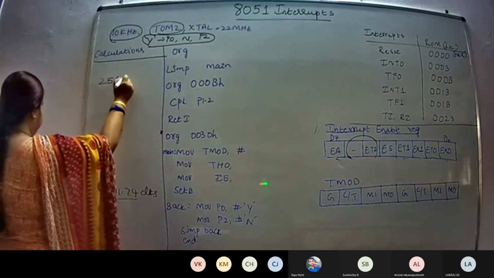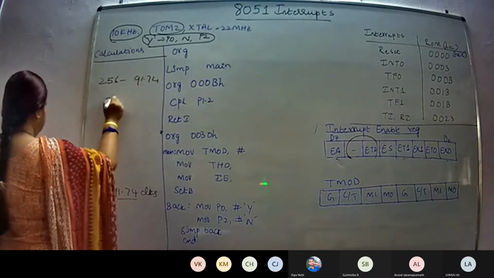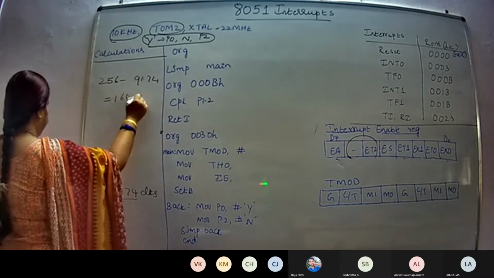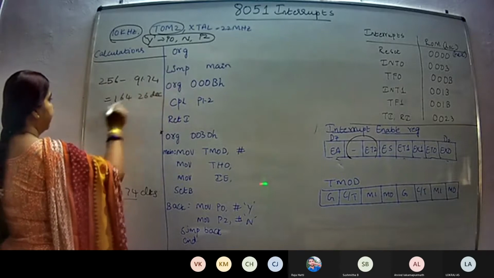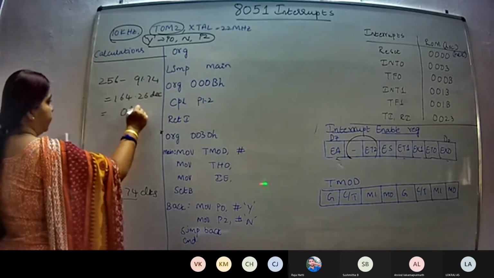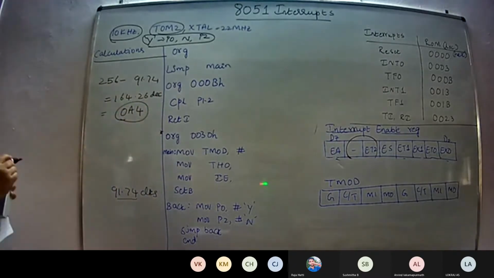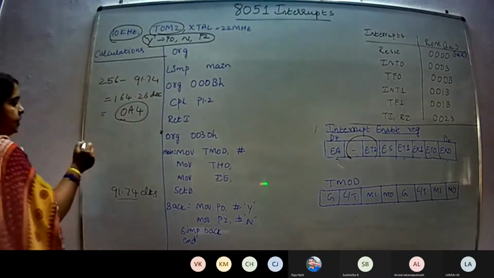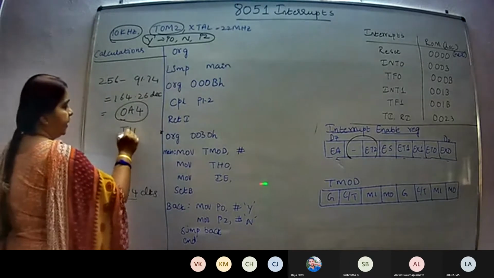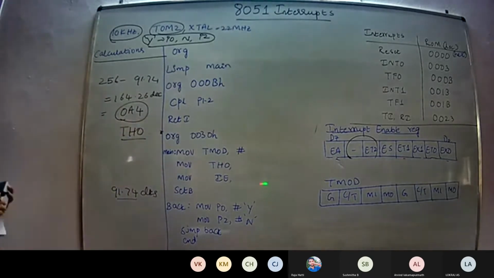So 256 minus 91.74, you get 164.26. This is decimal. Convert it into hexa. It is 0A4H. Okay. This is the hexa value. This should be loaded in which register? It should be loaded in TH0. Okay. This is completed now.